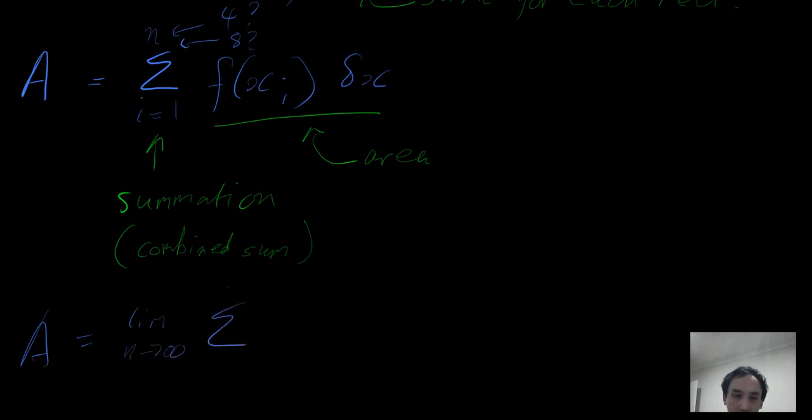So we want this value up here to be as large as possible, and we're going to start from our first rectangle and go all the way to our infinite number of rectangles. We want to find the sum of all these rectangles that are put together.